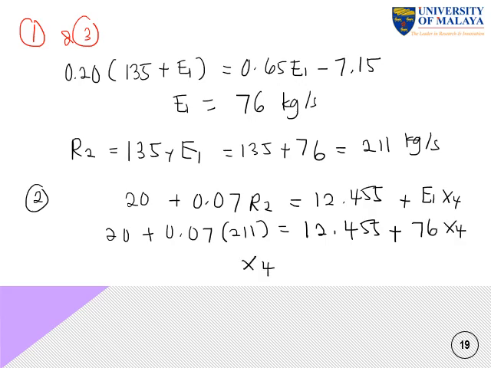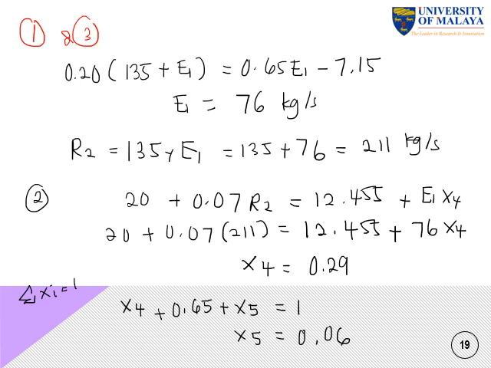Now you find x4 equal to 0.29. Then finally you want to find x5. So you can use the summation of mole fraction equals to 1. So x4 plus 0.65 plus x5 equals to 1, then x5 shall be 0.06. Okay, check your answers with mine.